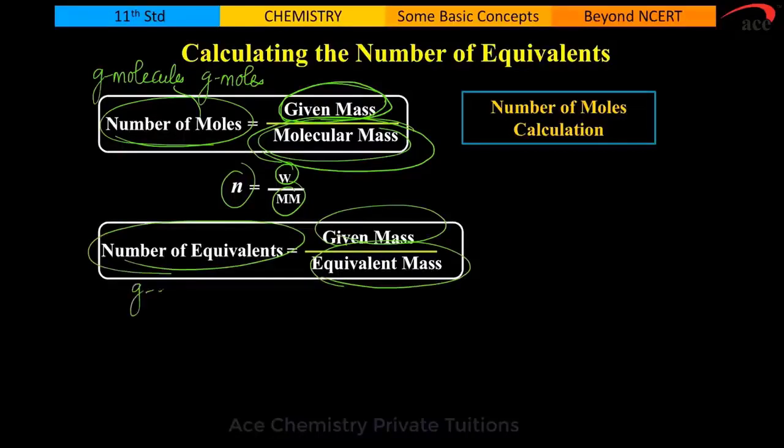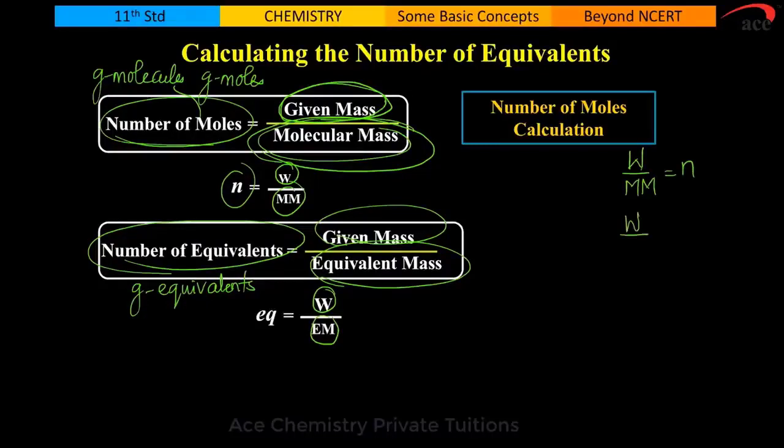Now, if you take mass and divide it by equivalent mass, you get number of equivalents or number of gram equivalents. So, mass divided by equivalent mass.